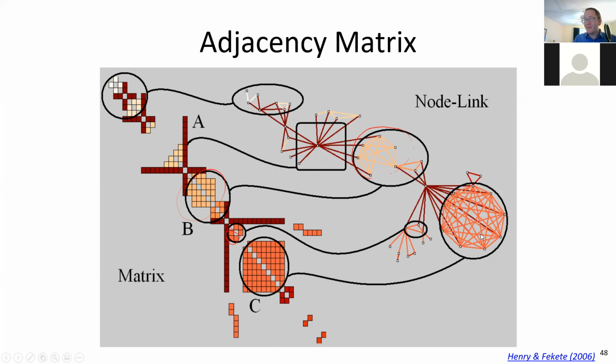But this sort of gives you a better feel for it in some cases. And I could show both representations at once, or maybe I can show a cluster and then put a matrix in there instead of the node link diagram. They're just different representations of the exact same data. And some work better in some cases than others.